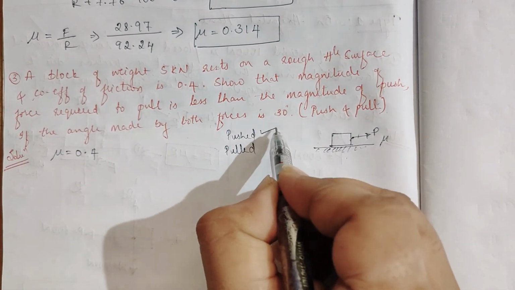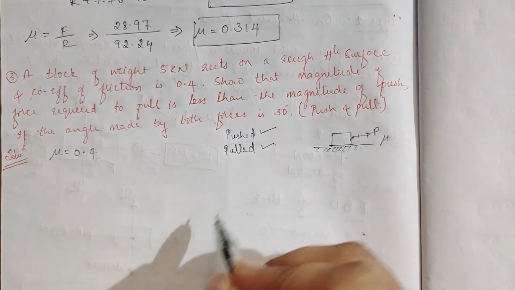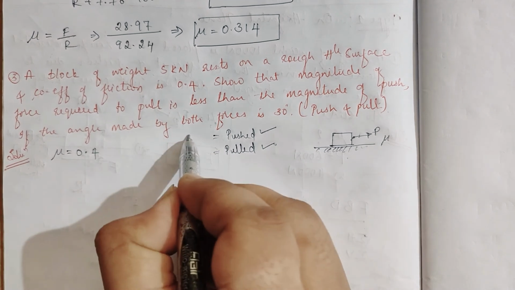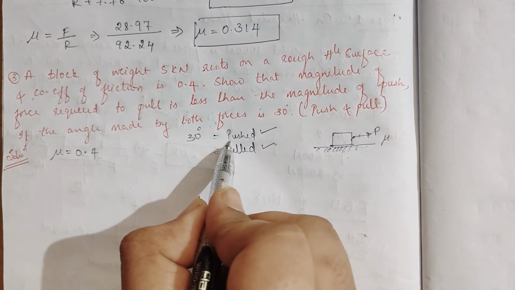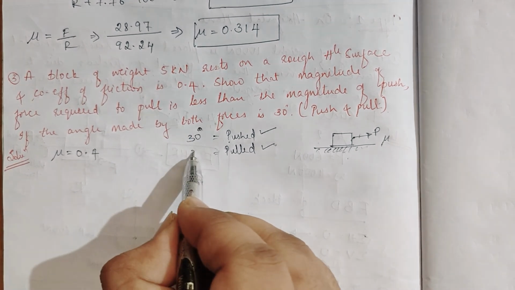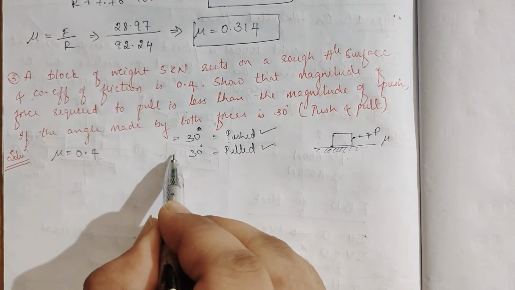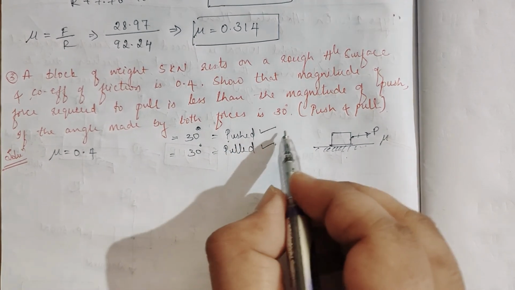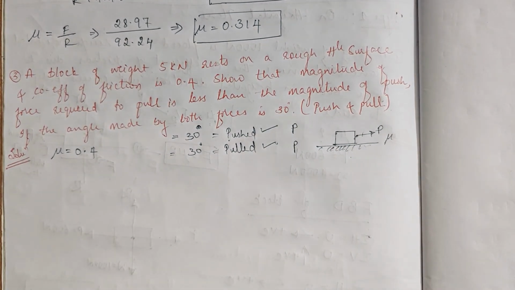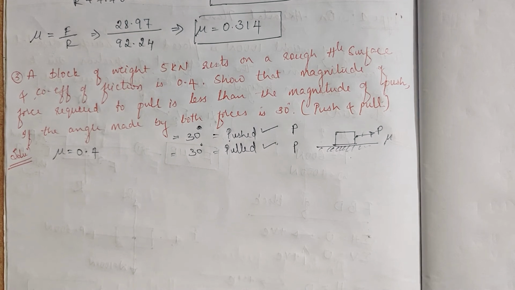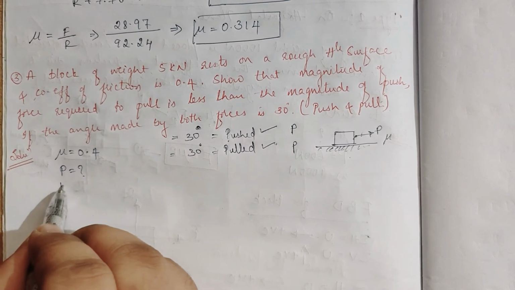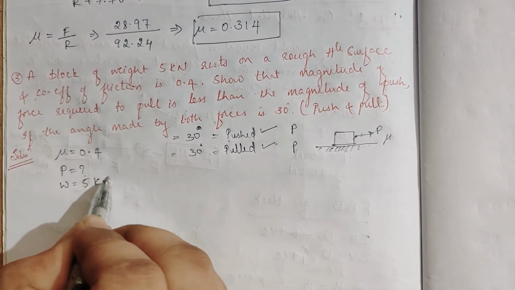One is when the block is pushed and one is when the block is pulled, and the angle is 30 degree for both. We have to find the magnitude also. We don't know the value of P with which it is being pushed, so we have to find P also. And what we know is the weight, 5 kN.